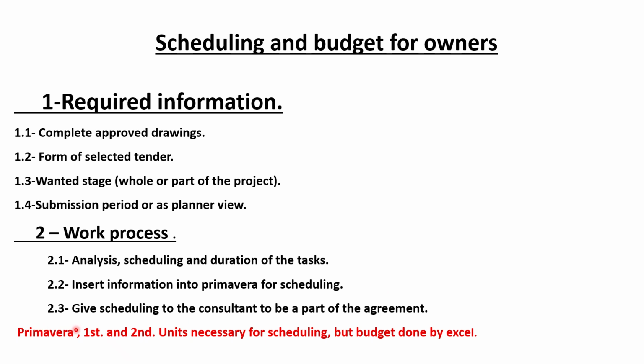Give the scheduling to the consultant to be part of the agreement. The owner has to give this initial plan for the execution plan, to be part of the agreement through the consultant to the contractor.